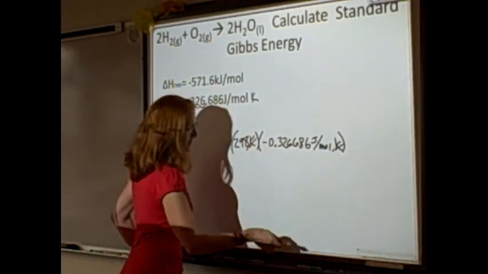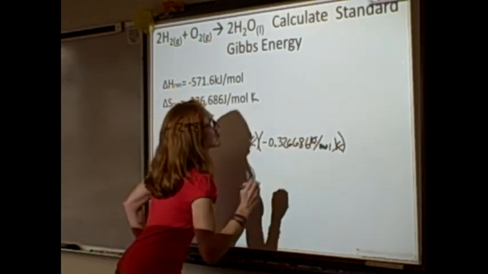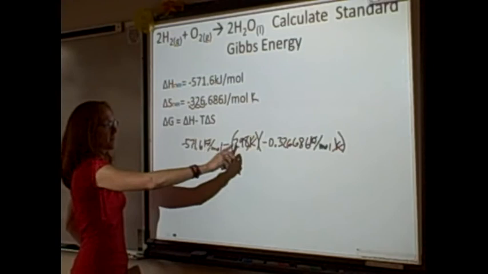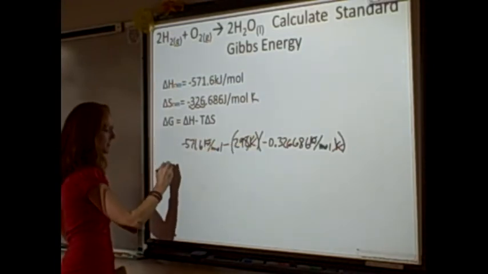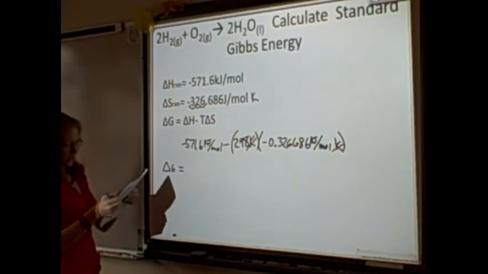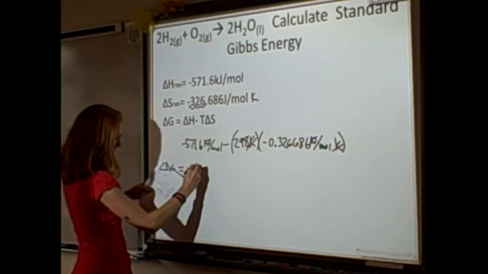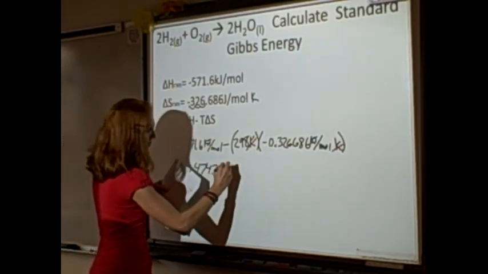Let me cross that out. Okay, so then I have, oops, we said we were changing to kilojoules. This amount will be positive, added to that, and so my delta Gibbs for this reaction is going to be a negative 474.25 kilojoules per mole.